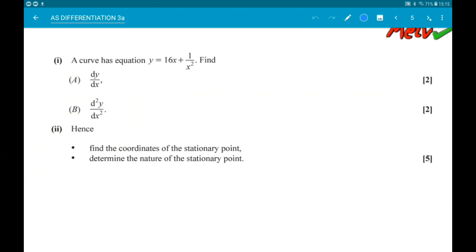Okay, now the final question, this time y is 16x add 1 over x squared. First of all, find the first and second derivatives. So first of all, rewrite y. So y is 16x add x to the minus 2.